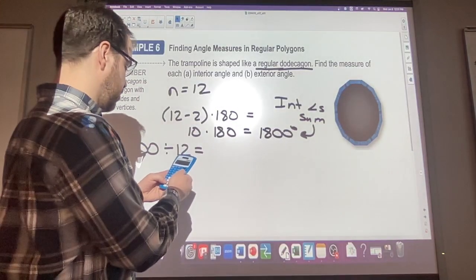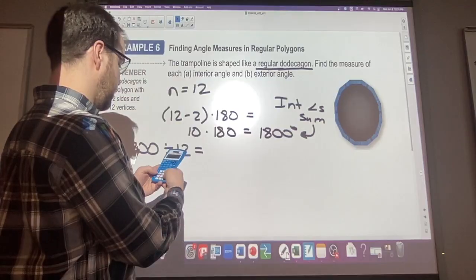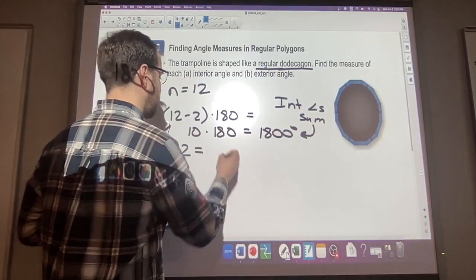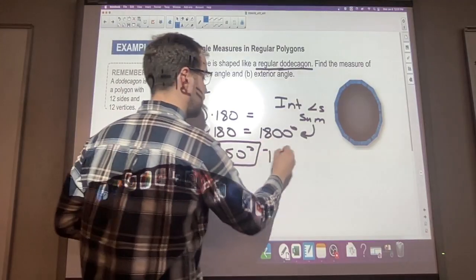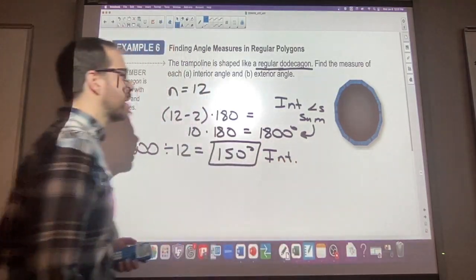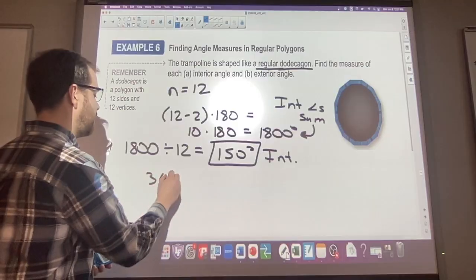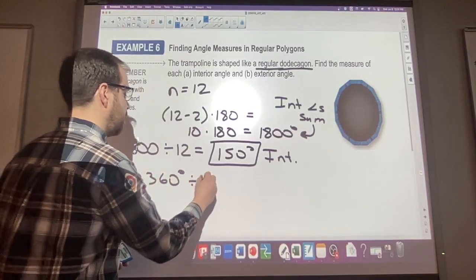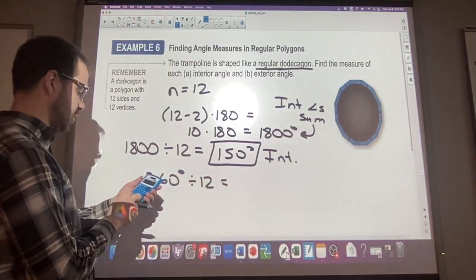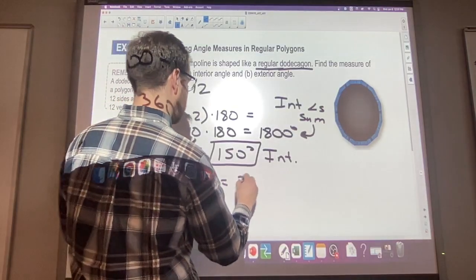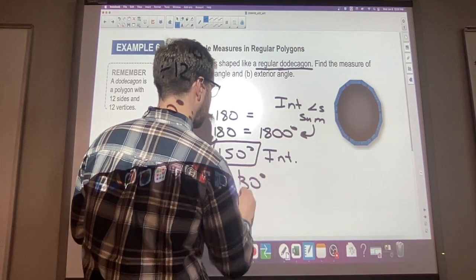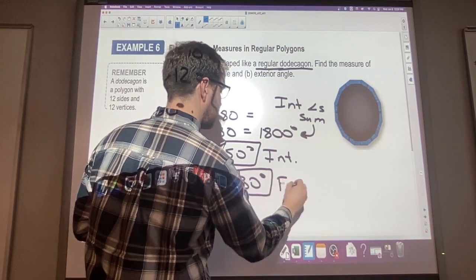So I do 1,800 divided by 12, and I get each one is 150 degrees. That's for interior. And for exterior, I know they have to add to 360, and there's 12 of them. So 360 divided by 12, and I get 30 degrees for my exterior angles.